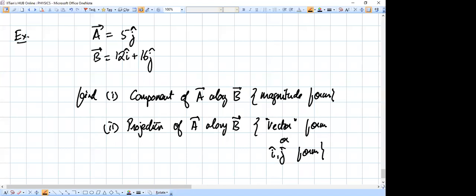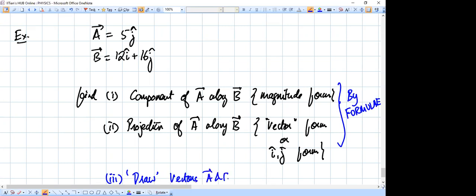So do this by formula, like the formula we discussed above. And then justify the answers to these two parts using this formula.